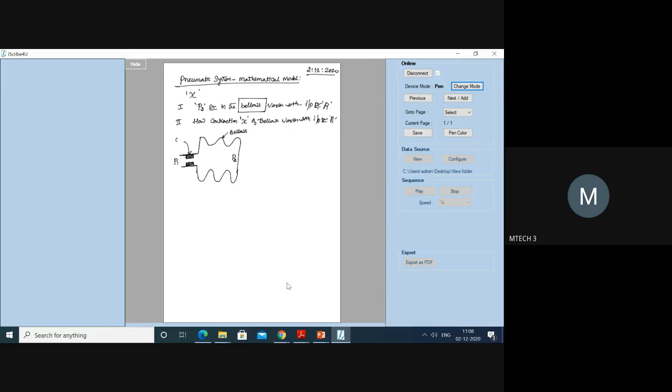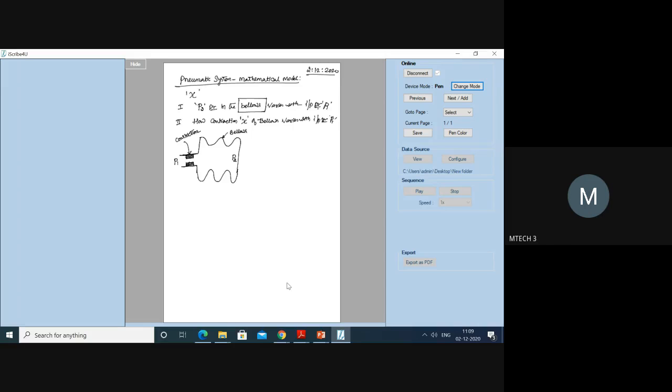What do you mean by constriction? Sir, it is a change in cross section which provides a resistance for the flow. Yes.